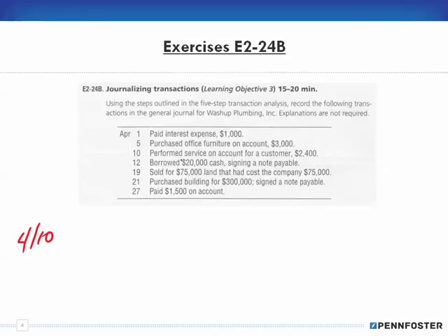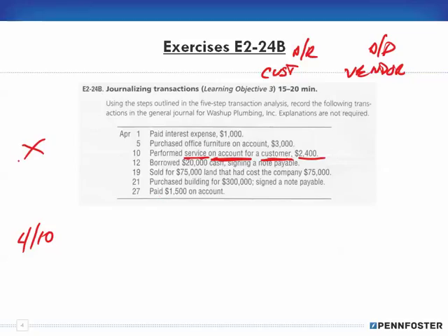Okay, so for 410, perform service on account for a customer for $2,400. So am I affecting cash? The answer is no. So am I affecting receivables or payables? The answer is yes, because I'm performing service on account. Okay, and since I'm performing the service, that means I'm billing the customer. Customers are accounts receivable, and vendors are accounts payable. Okay, so this is an accounts receivable.